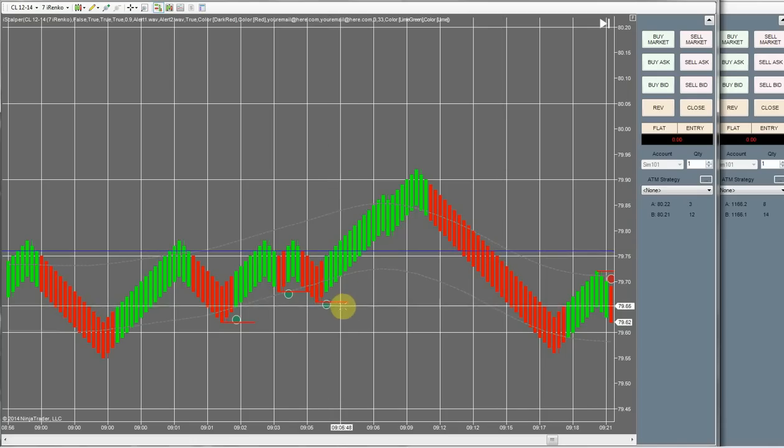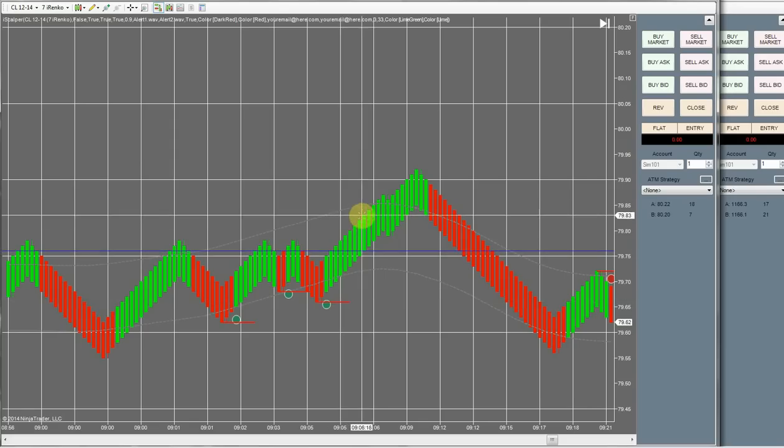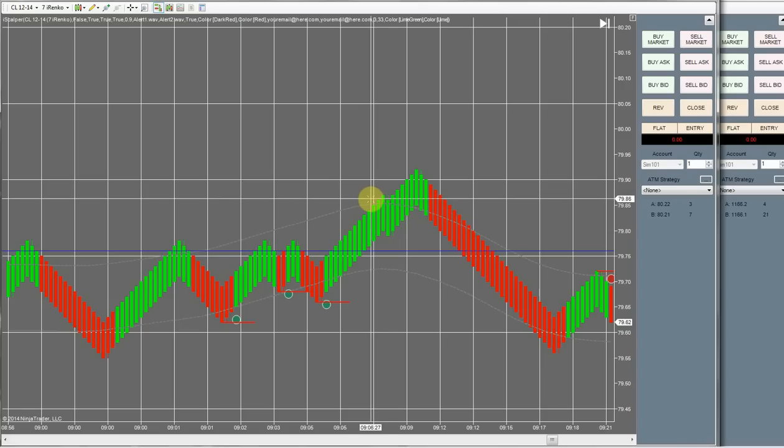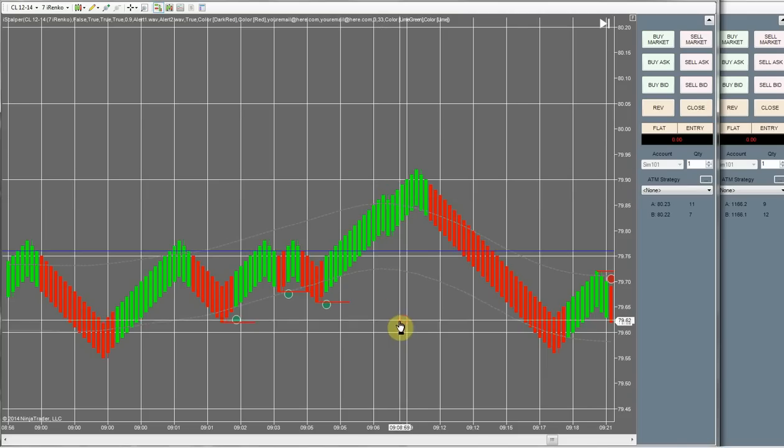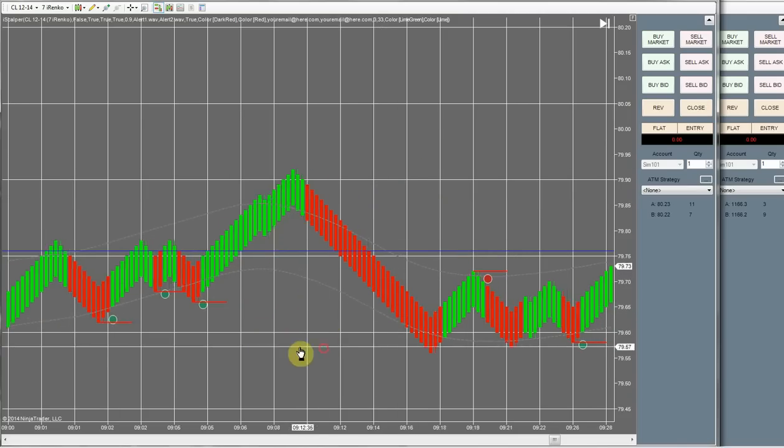Stop would have been right here at this red line at 79.66, so a 10-tick stop. Take profit would have been at 86, which is right here. So your first order would have been taken right here. If you had a second contract, you could have trailed that. But that's an example of a long trade.